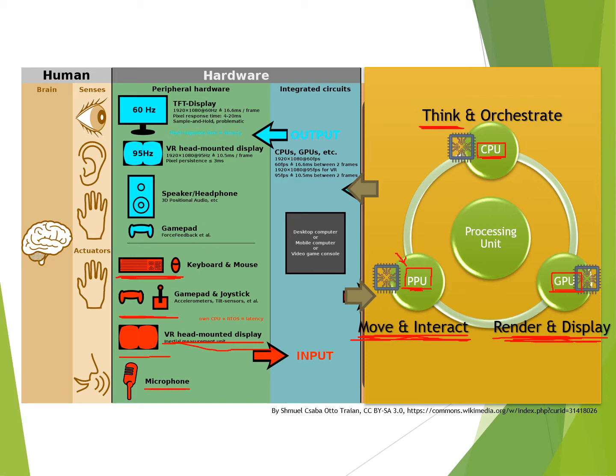So for the output, after the CPU and the GPU process the information, they will refresh the screen. They will compile all the things into one 2D picture, whether they are using a flat display or a VR display, it is only a 2D display.